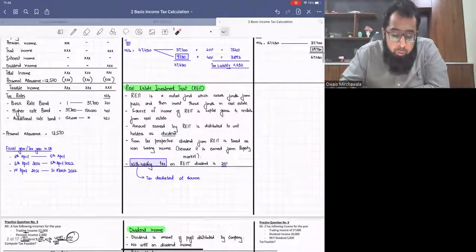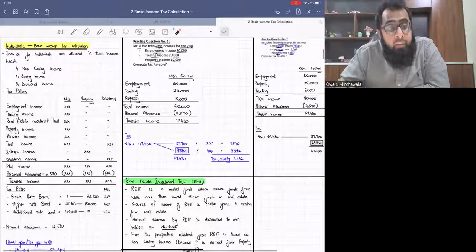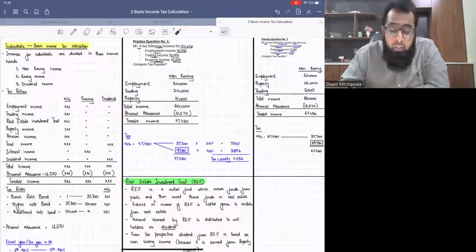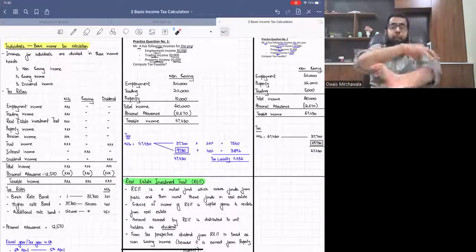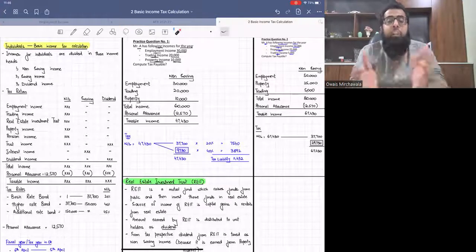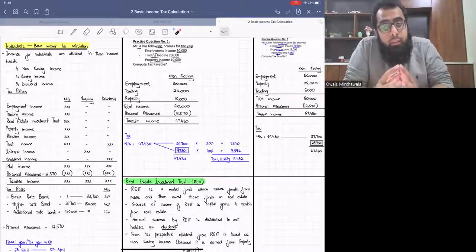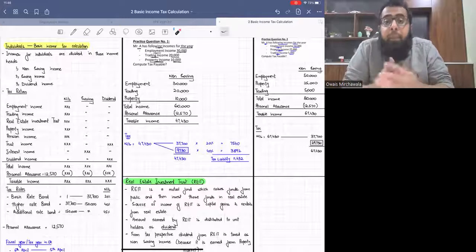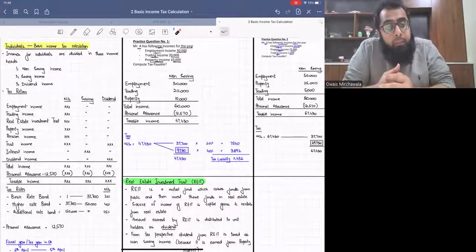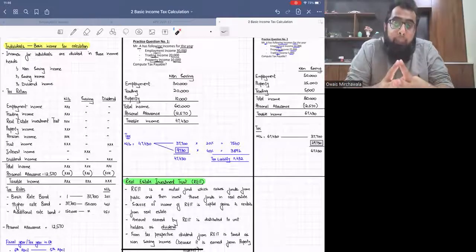If we do a quick review of what we have discussed till here, when we talk about individuals and a basic income tax return, how does it look?